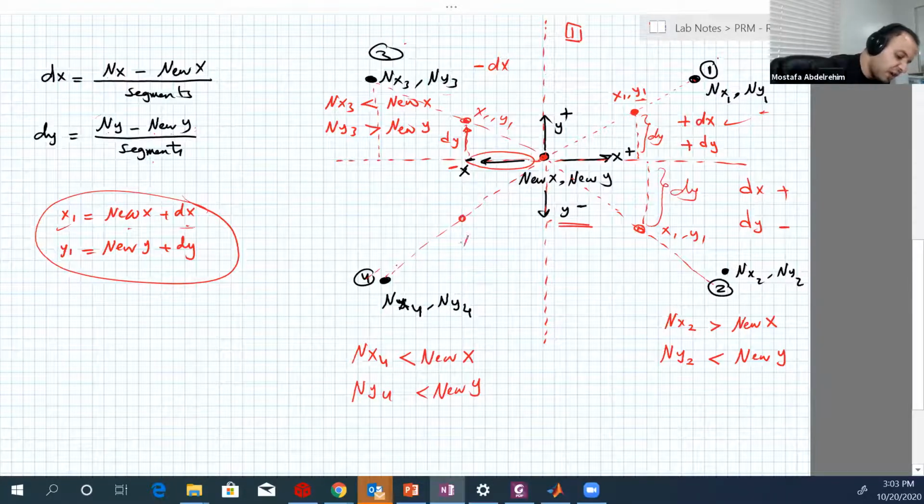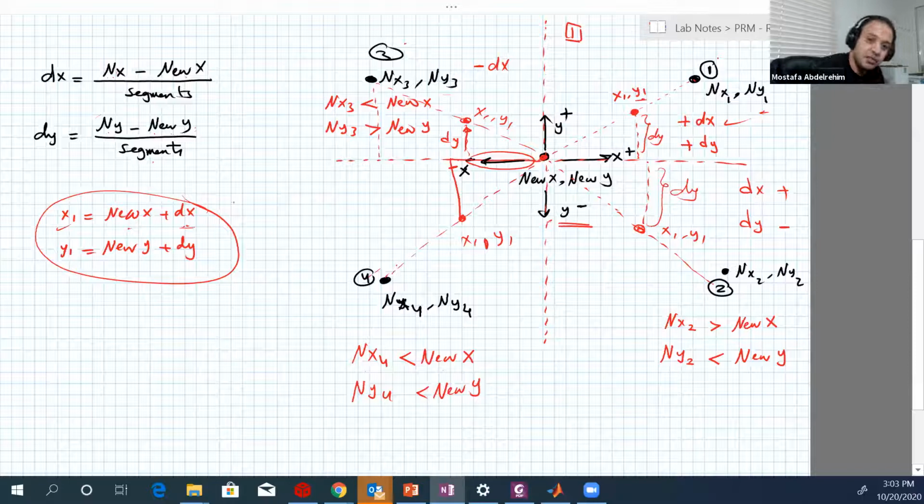So if this is x1 and y1, to move from new x to x1, we should subtract something because we are moving in that way. So x1 is equal to new x minus something, minus dx. So let's check if dx is really negative. dx is equal to nx4 minus new x, it will be negative because nx4 is less than new x.